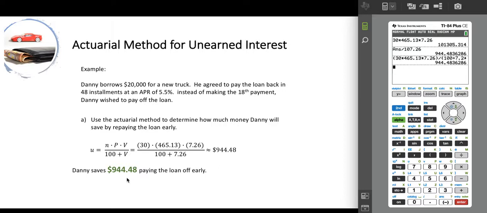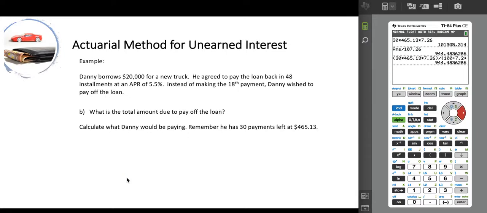So anyway, look at how much money Danny saved. Danny saved almost $1,000 by paying that loan off early. He saved $944.48. Okay, the next question is, what's the total amount due to pay off the loan? Now, you got to remember from the previous part of this question that he has 30 payments left at $465.13, right?